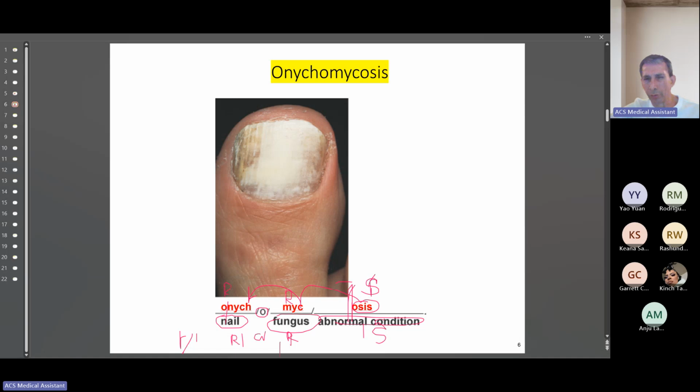We have two word roots, one combining vowel, one suffix. What is the other one? The combining form. Remember, here it is the combining vowel plus the word root. That's a combining form. That will make 1. Onyx will make 2. Onyx all by itself, 3. Myco, 4. Osis, 6. Oh, 5. I'm sorry. I'm skipping stuff.